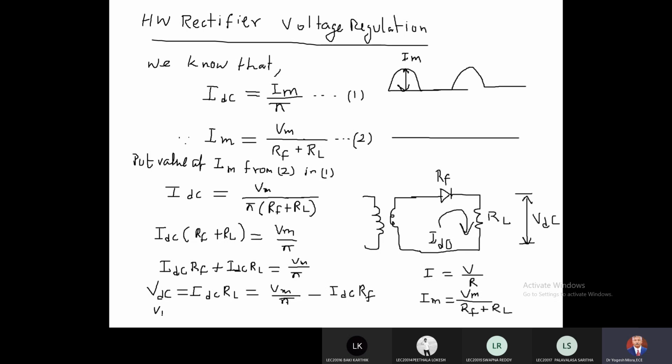So you can write VDC is equal to Vm by pi minus IDC RF, right? This equation is used to calculate the percentage of regulation in the case of a half wave rectifier.